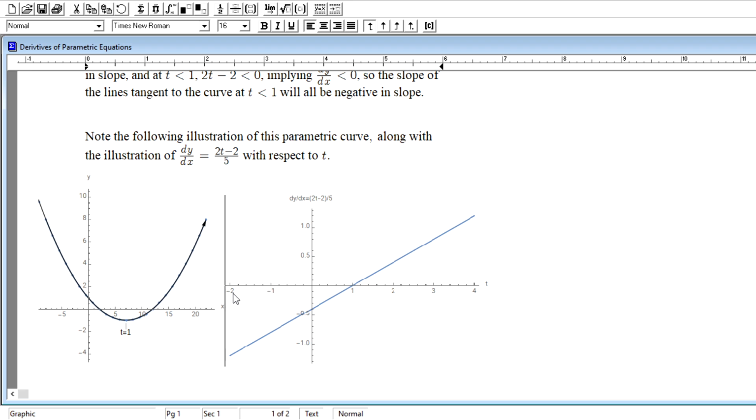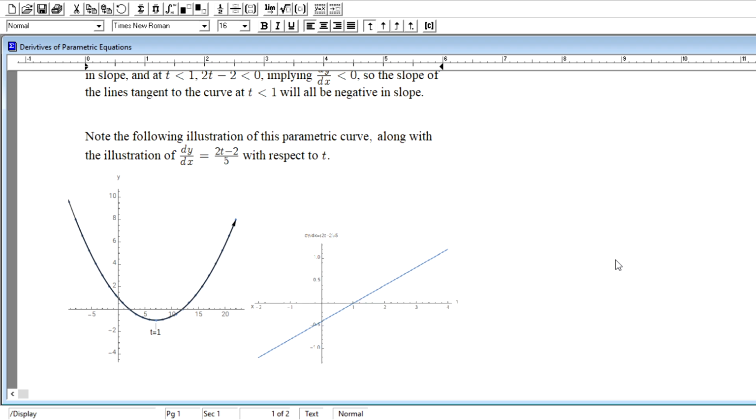And what we notice is over these values of t, we do equal 0 for this value when t equals 1, we are less than 0 when t is less than 1, and we are greater than 0 when t is greater than 1. All describing the slopes of the lines tangent to this curve seen here.